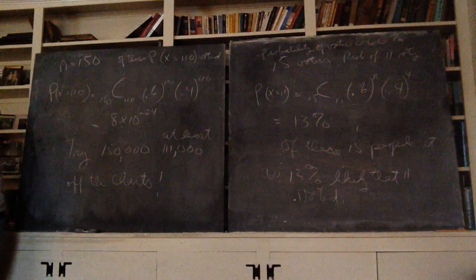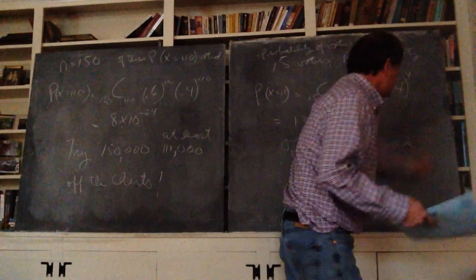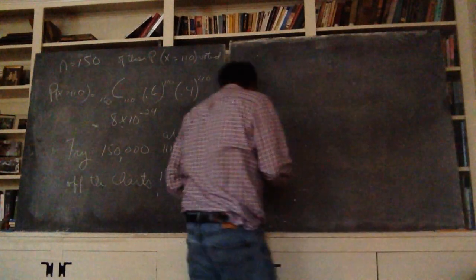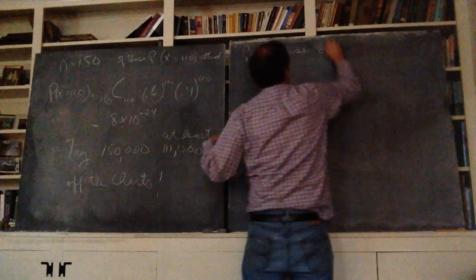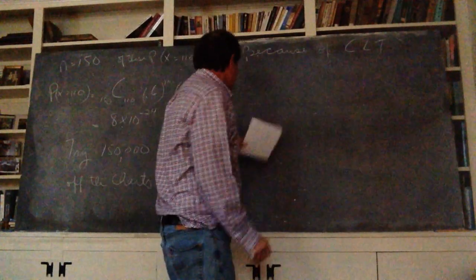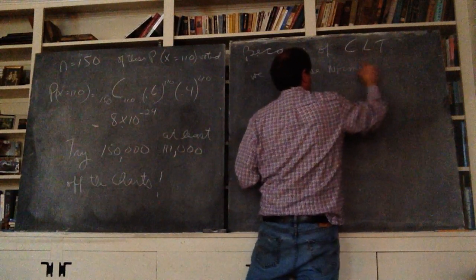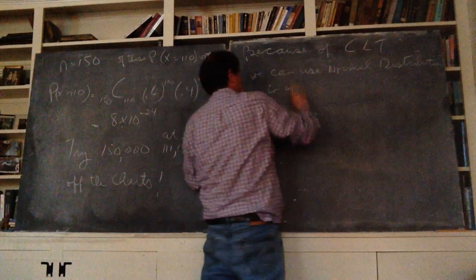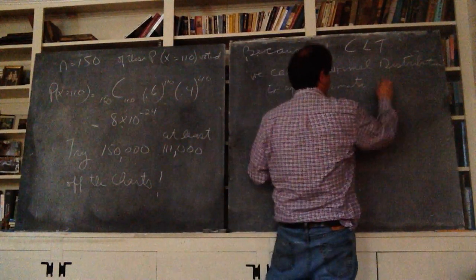And so there's a way to do this. Because of the central limit theorem, it doesn't really matter what it says, but because of that theorem, we can use the normal distribution to approximate the binomial.